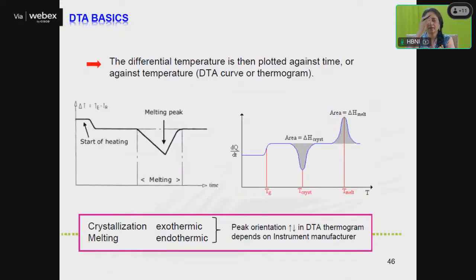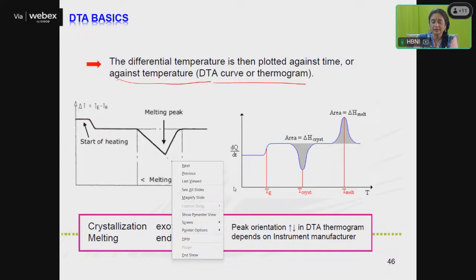Now see, the differential temperature is then plotted against the time or temperature, the DTA curve or thermogram. So you have started heating, and now melting is there. So it is a dip in the curve. There is a melting, because melting is an endothermic reaction.